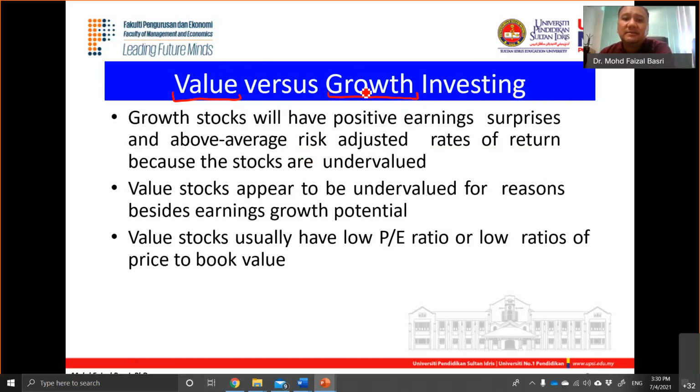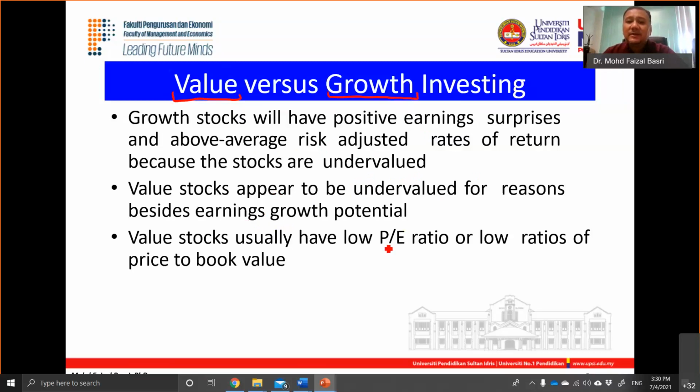All right. So some stocks may have positive earnings, okay, and perform above average, okay, and can be identified as undervalued, okay. And some value stocks appear to be undervalued for a lot of reasons, especially the potential of profits in the future or earnings in the future.